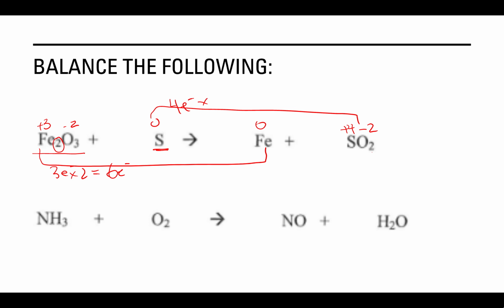To get that, we have to multiply the sulfur by 3 and the iron by 2. So these are the numbers so that we get that total of 12 electrons being exchanged. To make them the same, we'll put the 2 in front of the iron oxide, and we'll put the 3 in front of the sulfur.